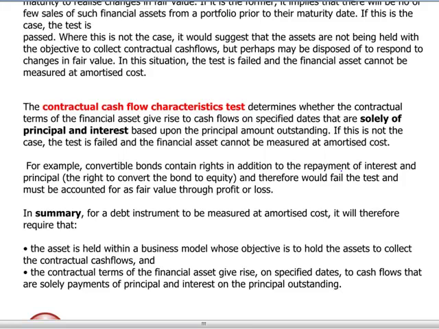And this, for instance, will be the case of a convertible bond, which besides interest and principal has an option to convert the bond into equity, and therefore the contractual cash flow characteristics test is failed, and it must most likely be accounted for at fair value through profit and loss.